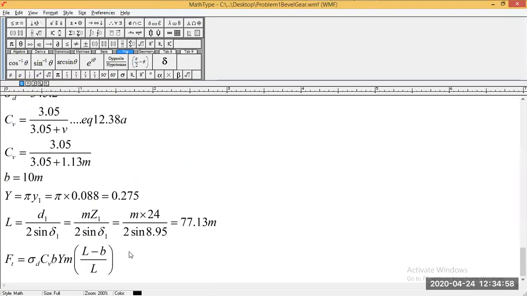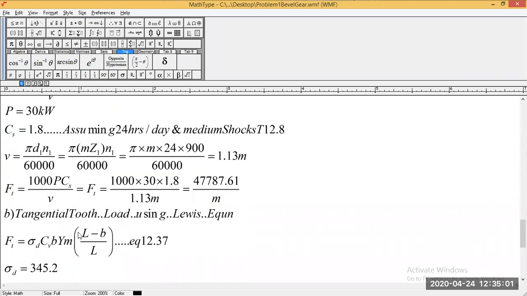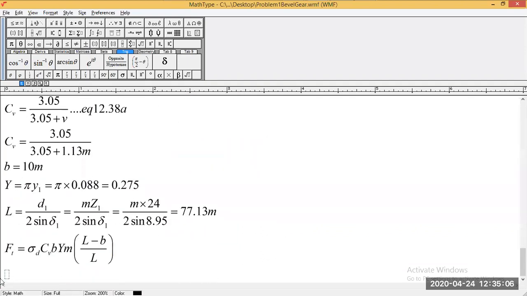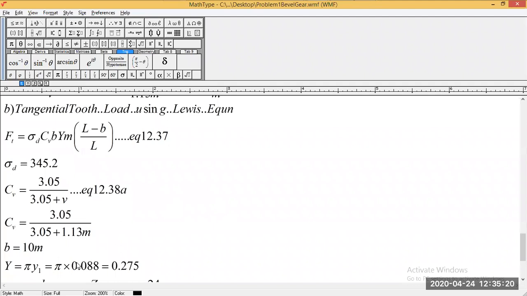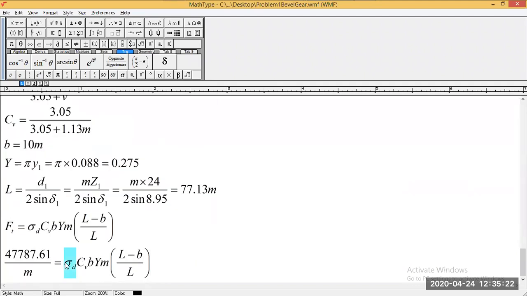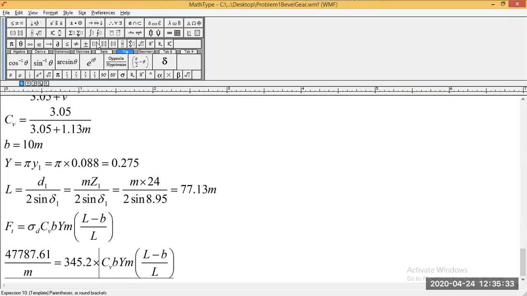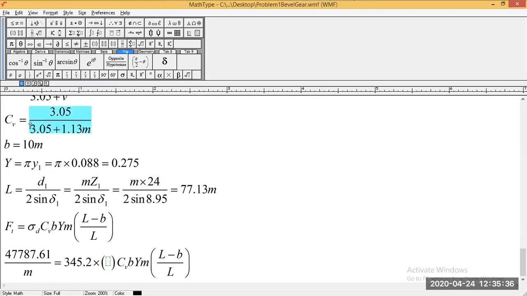Let me substitute everything here. FT I'll copy from step 1, part 1 of step 2. This is FT from part 1. Then this is equal to this whole thing here. So sigma D, let me substitute: 345.2. Sigma D is 345.2 times CV. CV is this whole thing here, insert bracket.